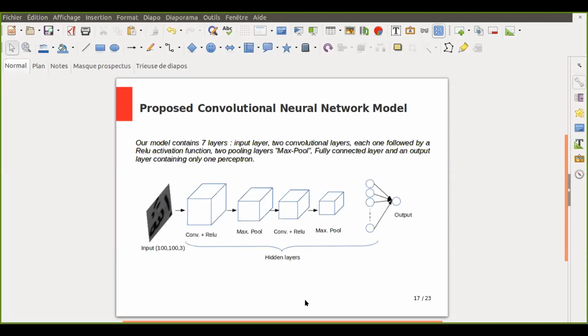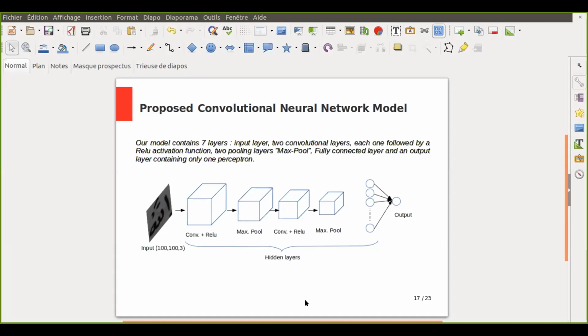If we choose a short architecture, we can reduce the training time, but maybe it gives less performance.